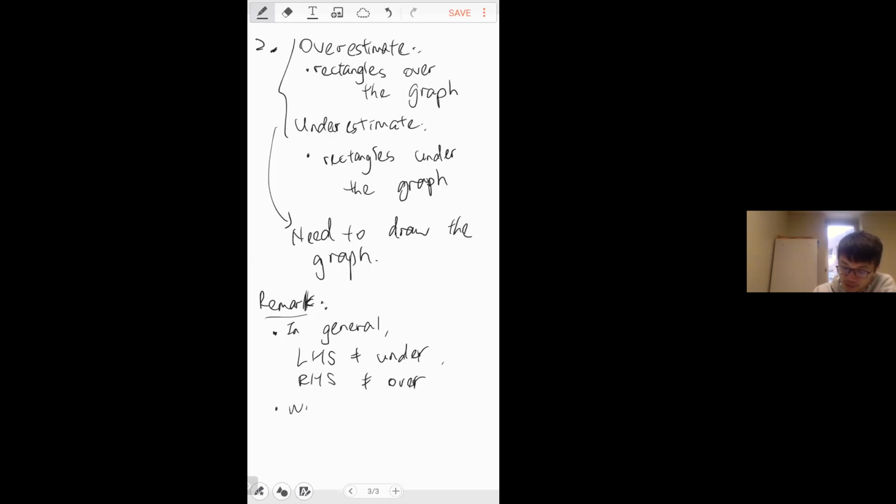I also want to write this down. Whether you're computing overestimate, underestimate, left-hand sum, or right-hand sum, the width of each rectangle is always the length of interval divided by the number of rectangles.